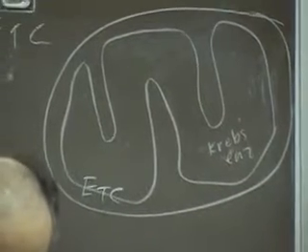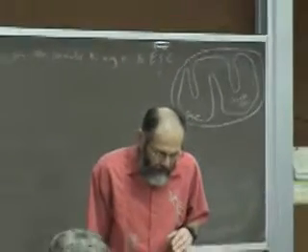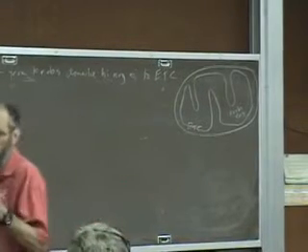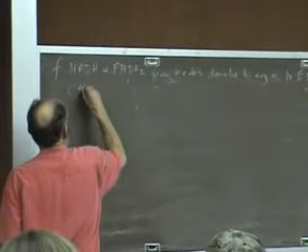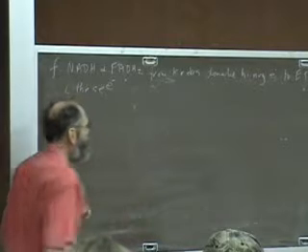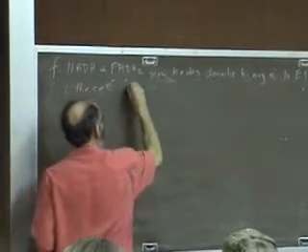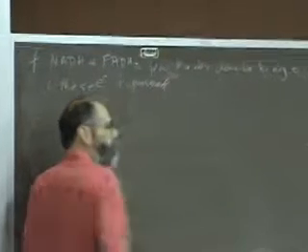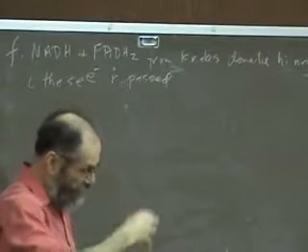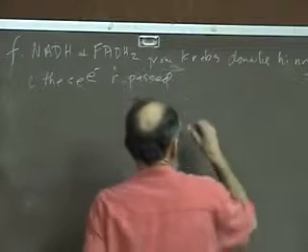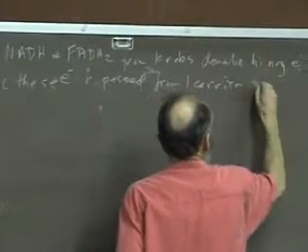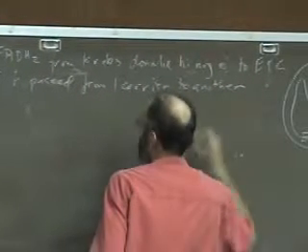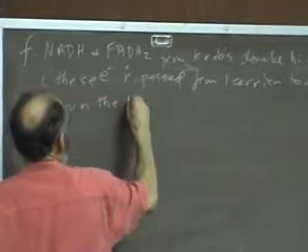Okay. And what happens in the electron transport chain is that the electrons delivered by NAD and FAD are passed from one electron carrier to another down this electron transport chain.